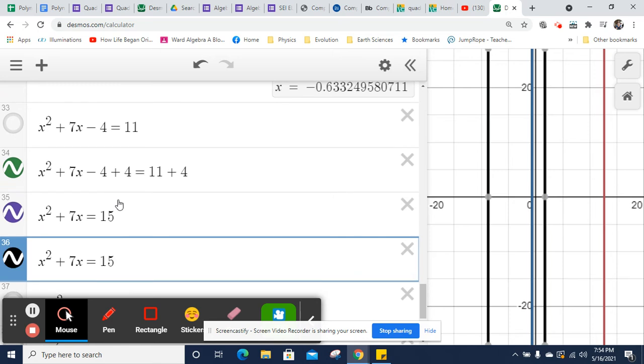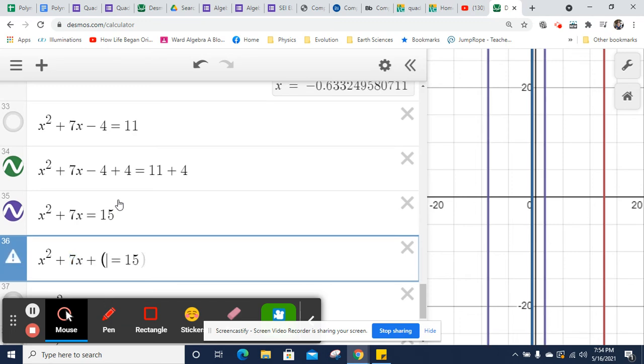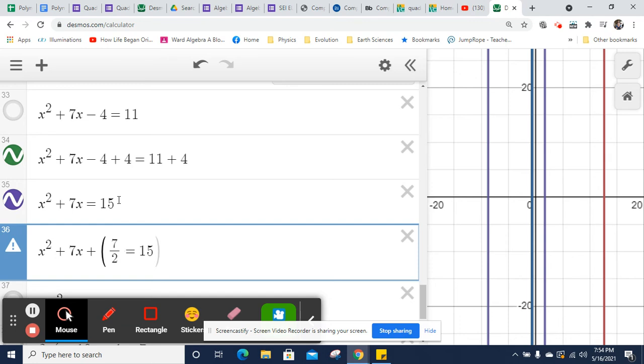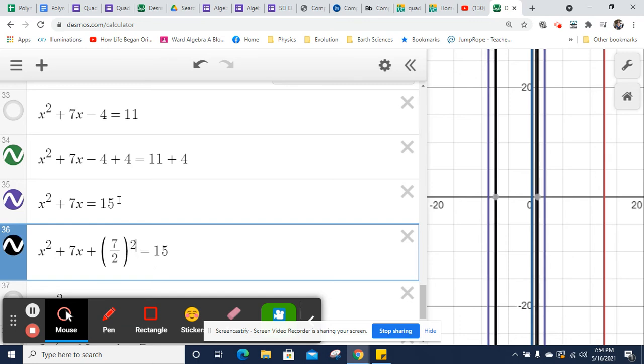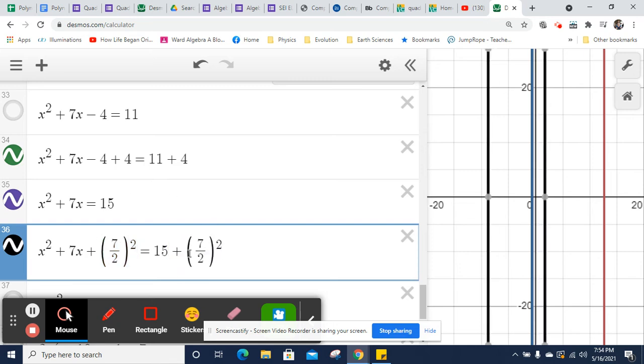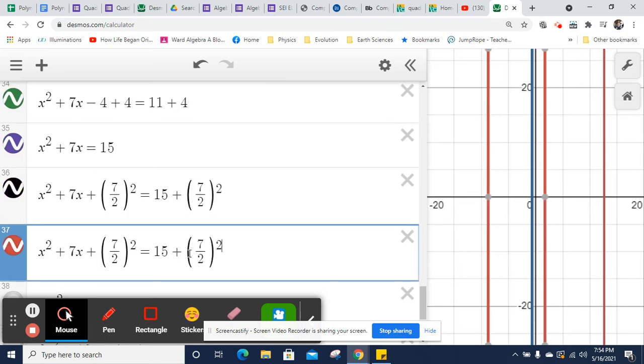Now, I'm going to add the square of half of my x coefficient. So I'm going to say plus 7 over 2 squared, and I'm going to add that to both sides. And then we'll start simplifying.